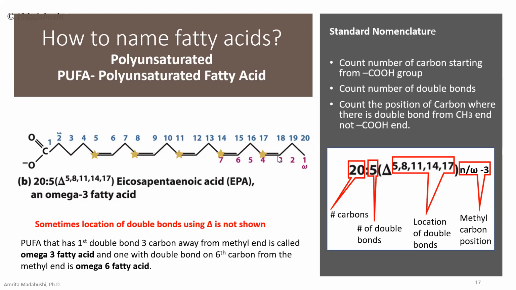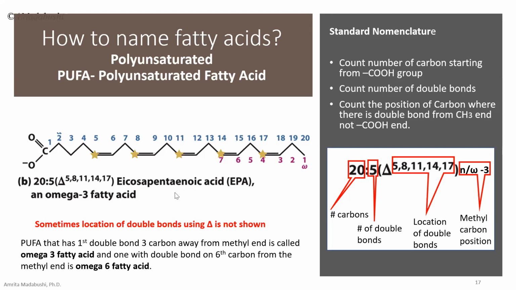That's it. So this particular example shows you a polyunsaturated fatty acid, which is the PUFA. Sometimes those oil bottles have labels on them, PUFA. And it has a double bond at the third carbon position.